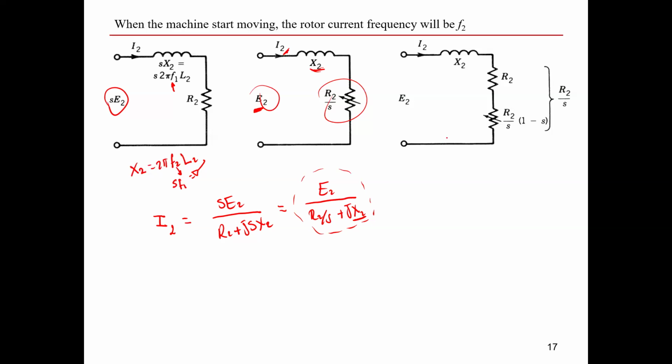If we divide R2 divided by S into these two parts, is it going to change anything? Let's see that, guys.